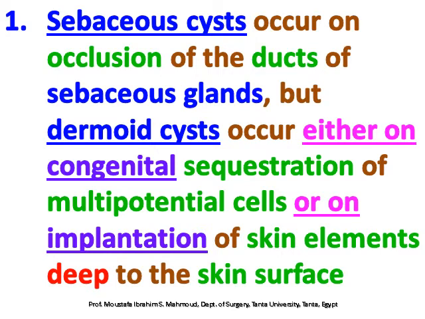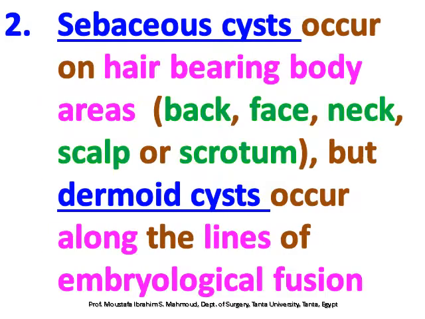Sebaceous cysts occur on occlusion of the ducts of the sebaceous glands, but dermoid cysts occur either on congenital sequestration of multipotential cells or on implantation of skin elements deep to the skin surface.